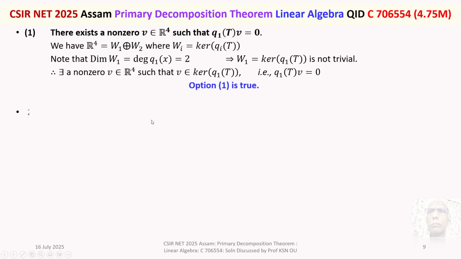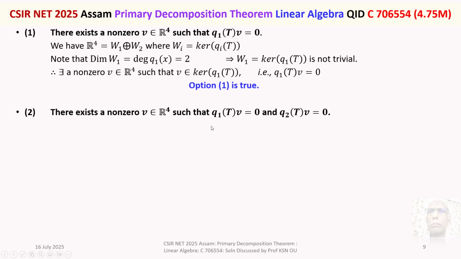Okay, let's get into option 2. There exists a non-zero vector V belonging to R to the power of 4 such that Q1 of T operating on V is 0 and Q2 of T operating on V is 0. Let's argue.